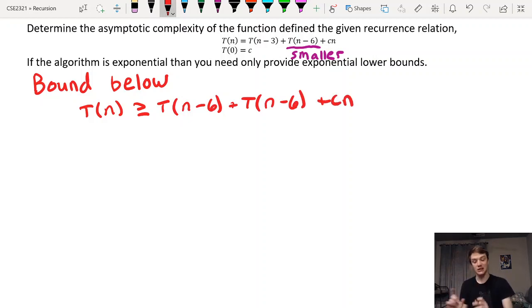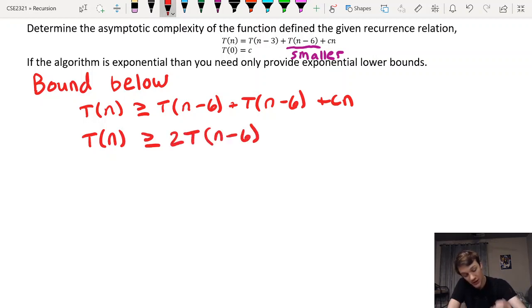So we replace the larger of the two, T(n-3), with the smaller of the two, which is T(n-6). Then we can bound it below even further by dropping the Cn. So if I group those together and drop the Cn, then I keep bounding it below.